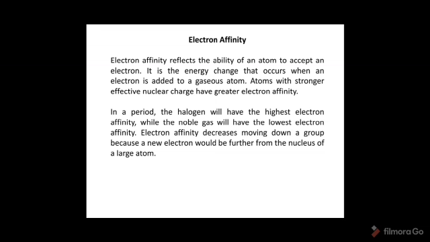But what about the electron affinity of other elements? Electron affinity decreases moving down the group because new electrons would be further from the nucleus of a larger atom. So electron affinity decreases when you move from top to bottom in a given group, but increases when you move from left to right.